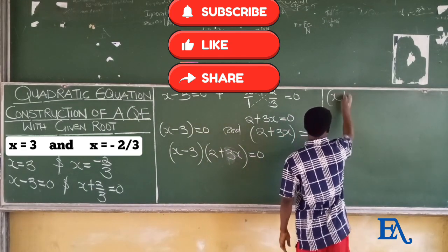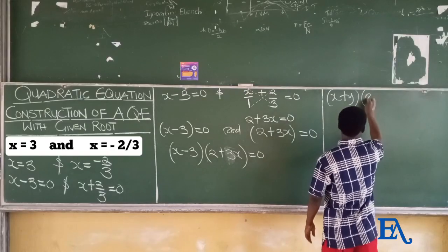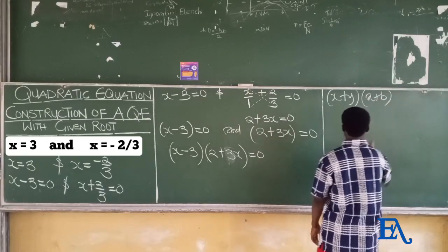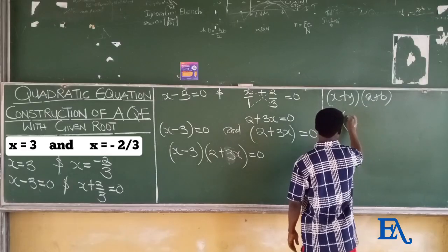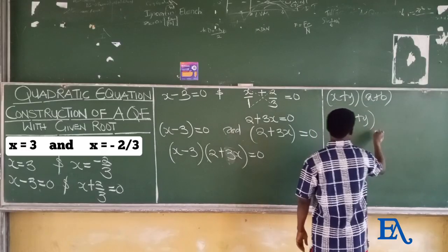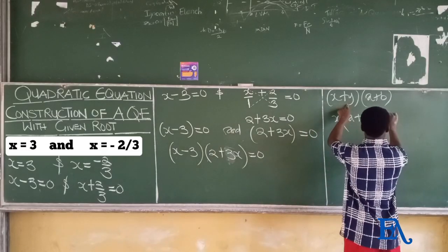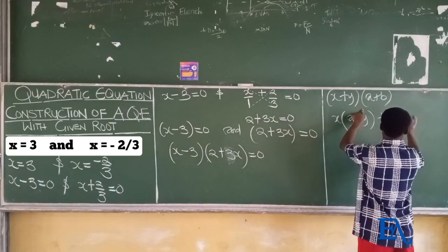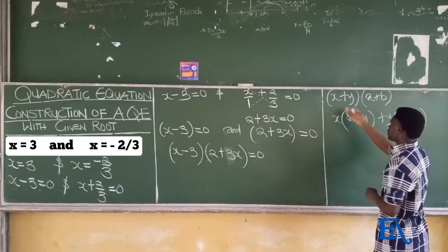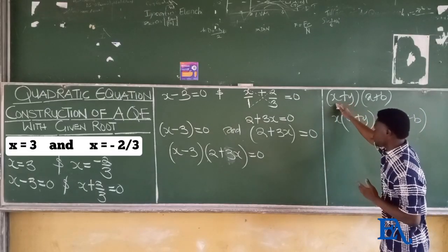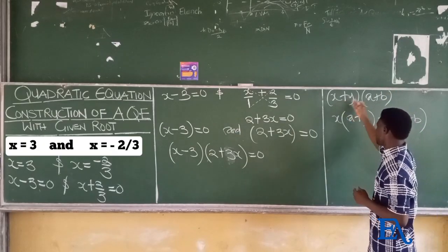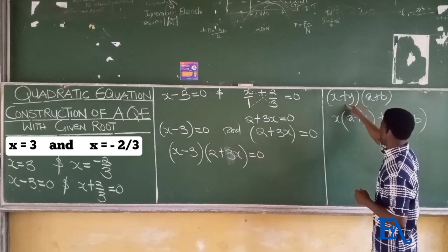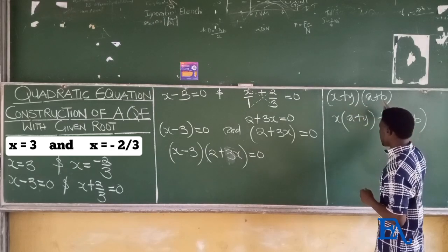Here we have x plus y and a plus b. So if you have this, it becomes x bracket open a plus b, plus y bracket open a plus b. Using the single term in the first bracket to multiply the second bracket: the first term times the entire bracket plus the second term times the entire bracket.